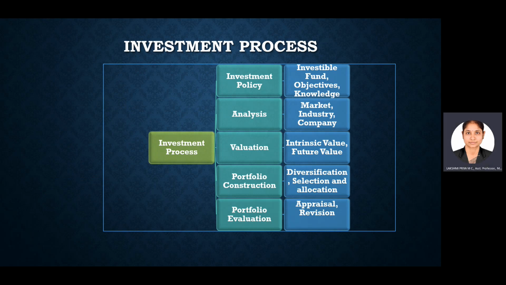Based on diversification level, industry and company analysis, the securities have to be selected. Funds are allocated for the securities that are selected. We use different models like Markowitz single index model, Markowitz portfolio selection. There are so many models that will help you for selecting the portfolio.